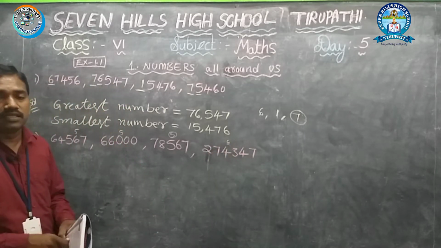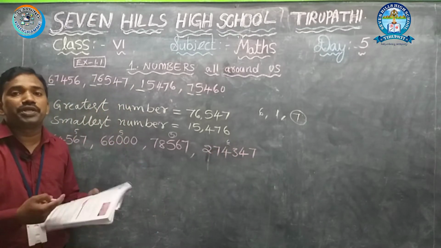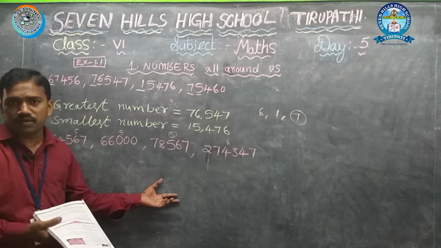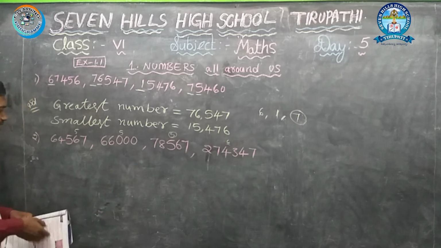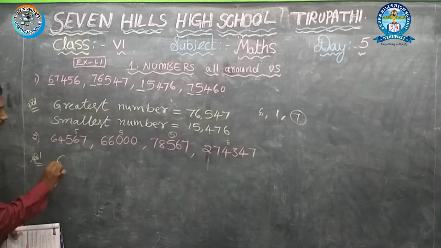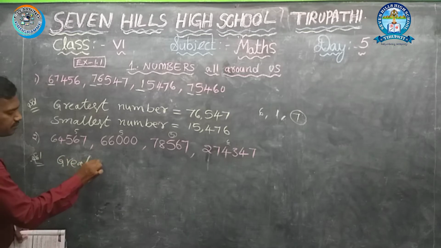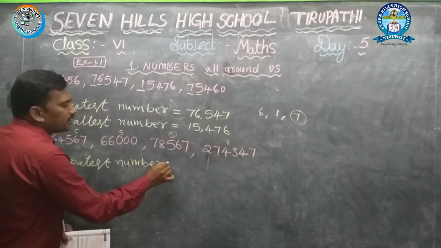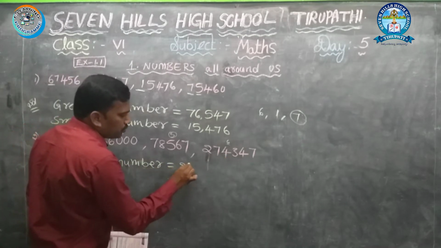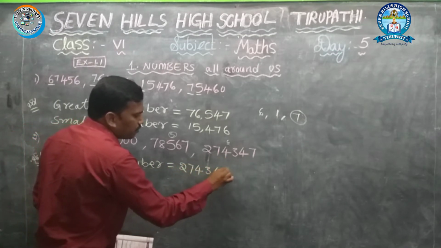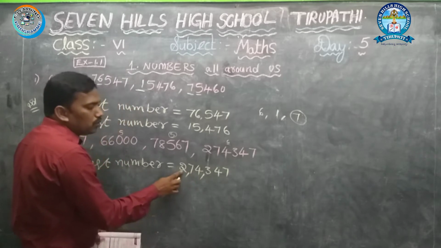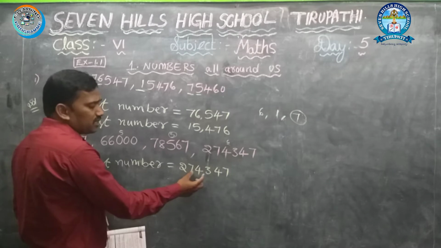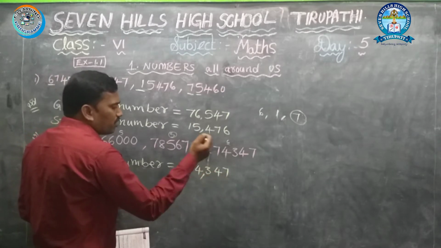That means the number which has more digits is the greatest number, right? So here the greatest number is 274,347, that is 2,74,347.